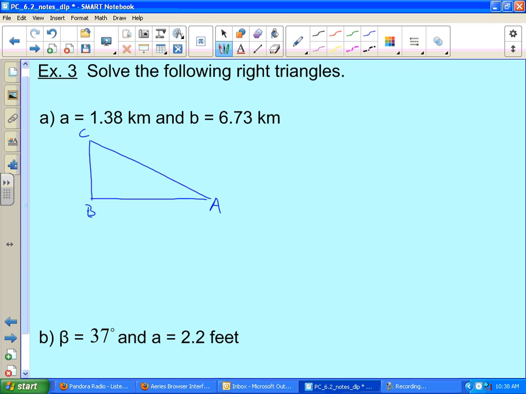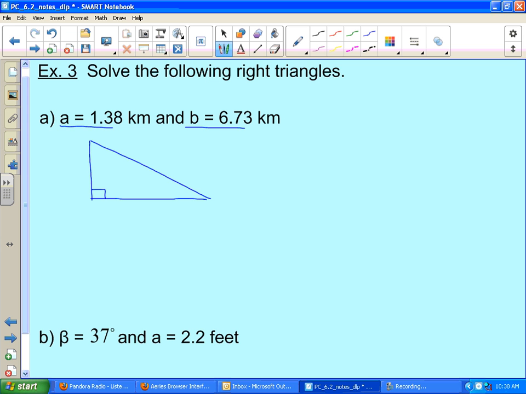What you would probably rather do is look at the fact that we know we have a right triangle. Typically in this textbook and in other textbooks, A and B are the legs of your triangle. The C is always your hypotenuse, typically.